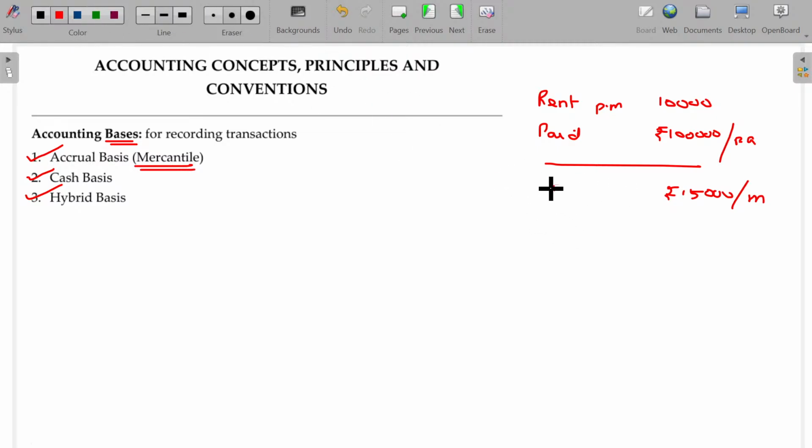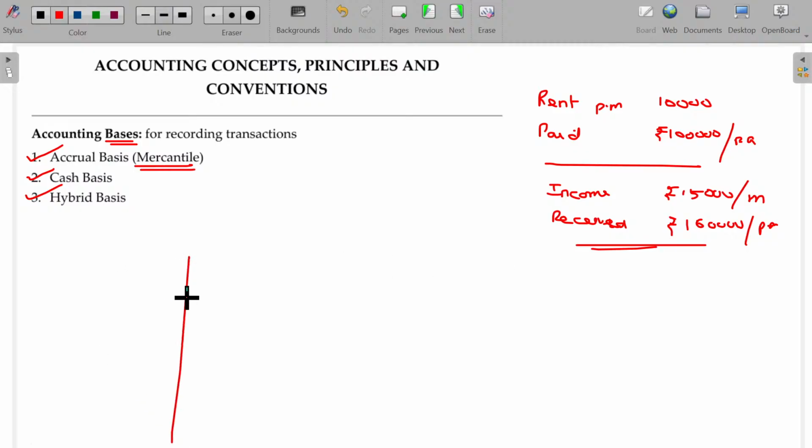Income may be 15,000 per month. But actual receipt being 1,60,000 per annum. Clear?